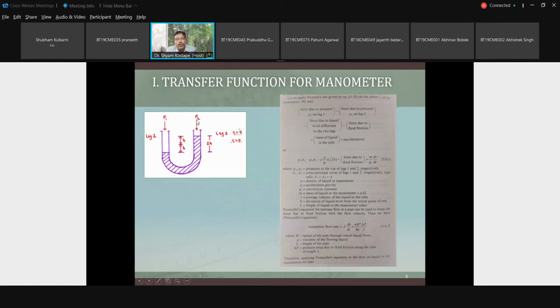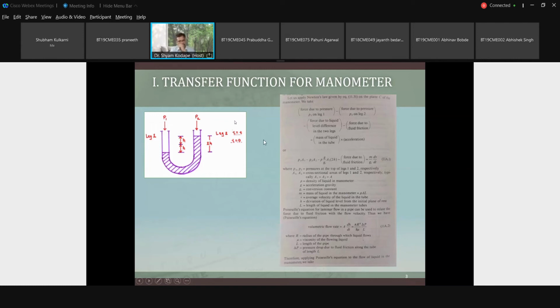Therefore, we have to develop a dynamic equation which represents such a phenomenon. Because of the pressure, H will vary. So we have to do a balance. What do we need to balance? Will you balance the mass, the heat, or the force?